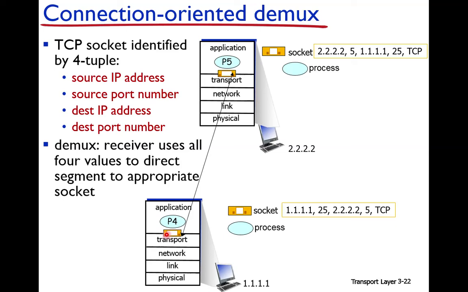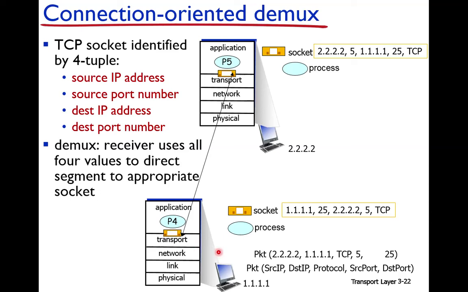Okay. So what does it mean? Let me explain it through an example. Suppose again we received a packet, PKT, and this packet has the header information: source IP address is 2.2.2.2, so this means the data is from that machine.